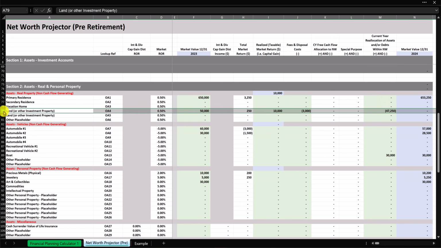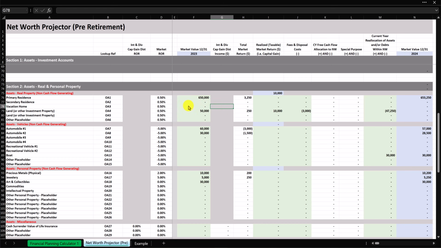So here is a piece of land or other investment property. Let's say that the market value of that was $50,000 as of the beginning of the year. We have a small market return attached to it, and we've also said that there is $10,000 of capital gain associated with the sale of this piece of land.